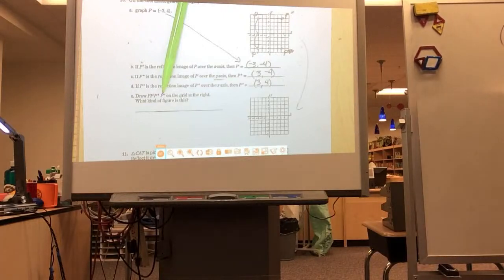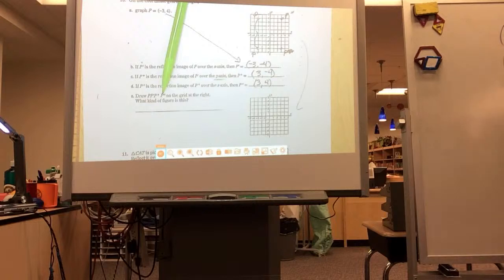And then we reflect over the x-axis. And the point became -3, -4. So when we reflect over the x-axis, what happens to the ordered pair? The y becomes the opposite.